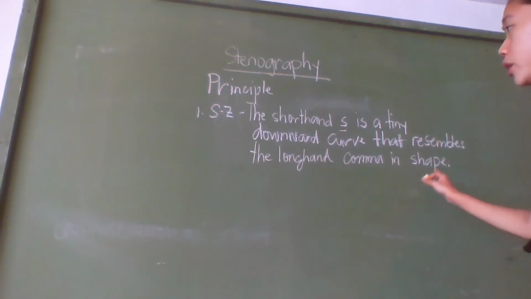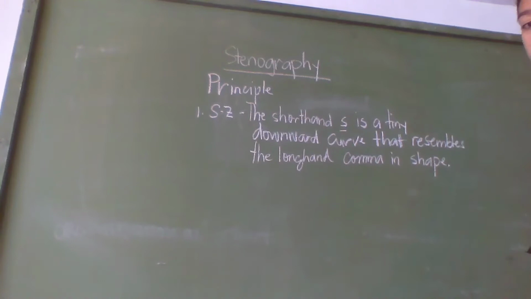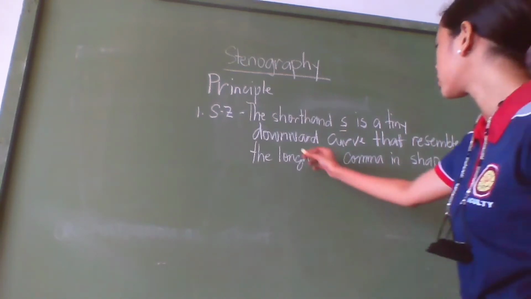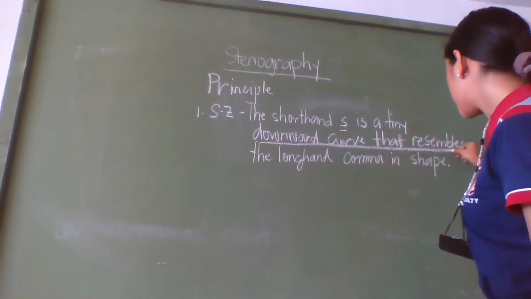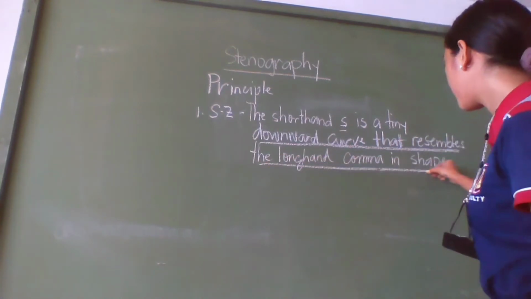So, how we will write the letter S? From the principle, downward curve that resembles the longhand comma in shape.